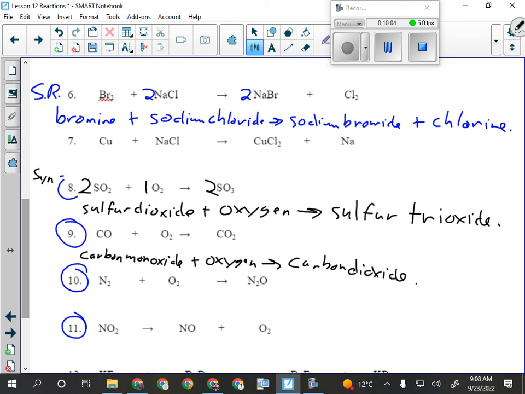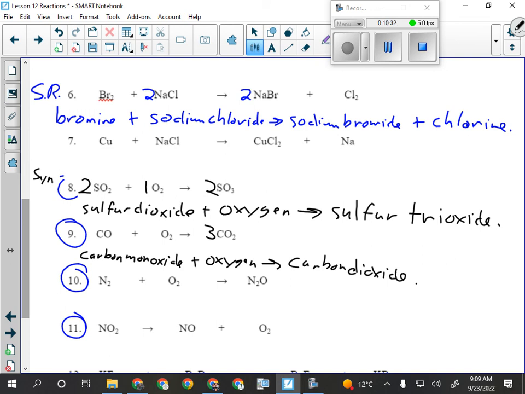I've got 3 oxygens on the reactant side. There's 1 here and 2 there, and I've got 2 over there. What's the lowest common multiple? 3 and 2, lowest common multiple? 6. So I'm going to go over here and I'm going to make sure I have 6 oxygens on the product side.